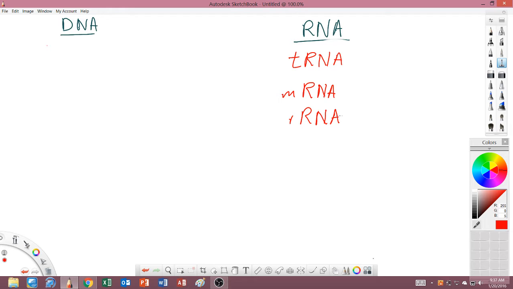Now, in terms of shape, tRNA looks like a T, believe it or not. I'll try to make it like a T then. Okay, it's fine. There you go. Looks like a T, right?